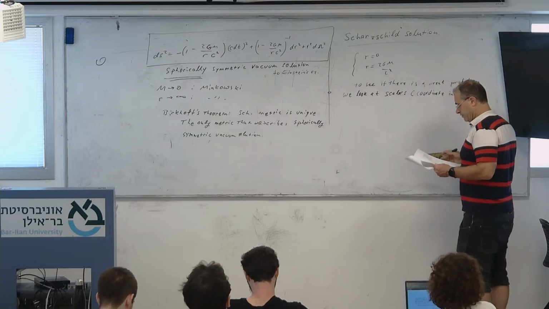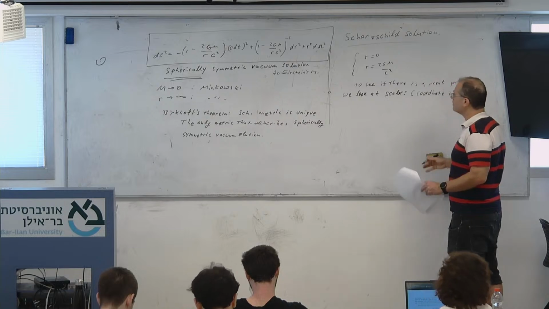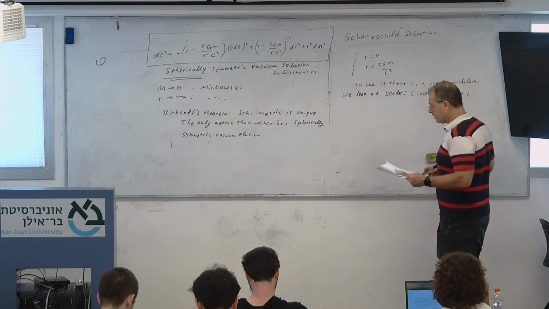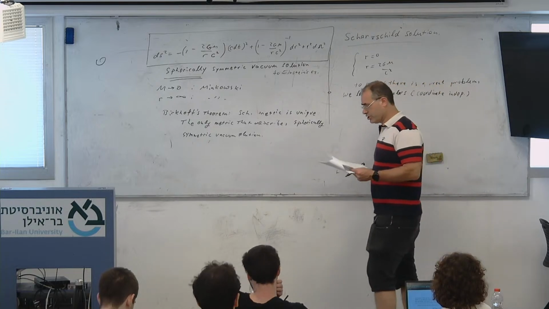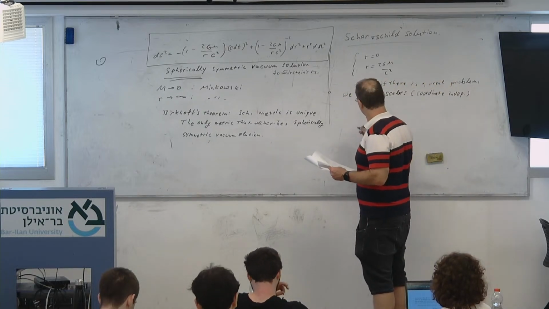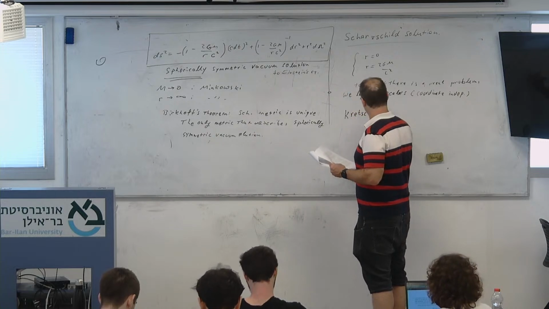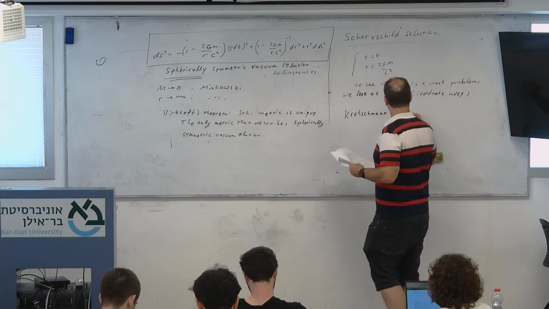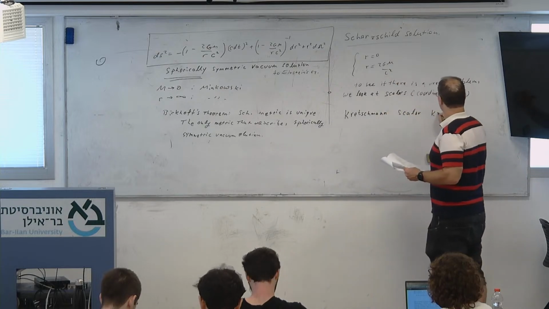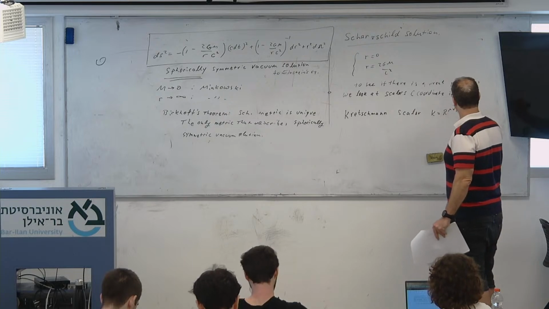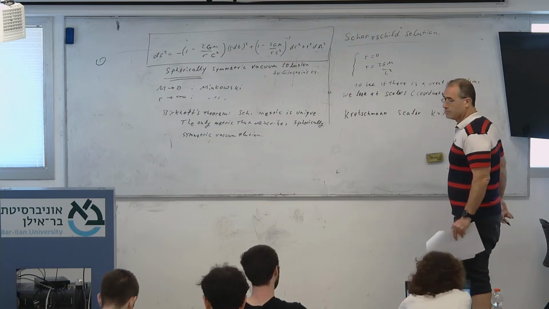There is a lot of math behind it, which I'm going to skip. The scalar that we care about is called the Kretschmann scalar, called K, and it is R mu nu rho sigma, R mu nu rho sigma. That's the name.